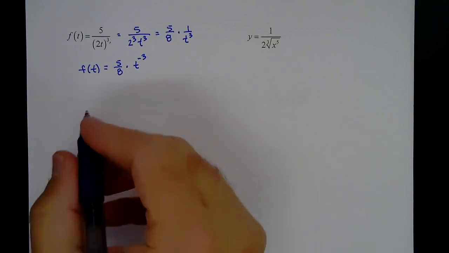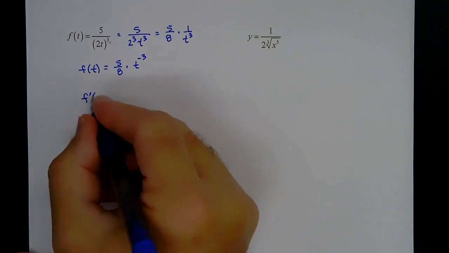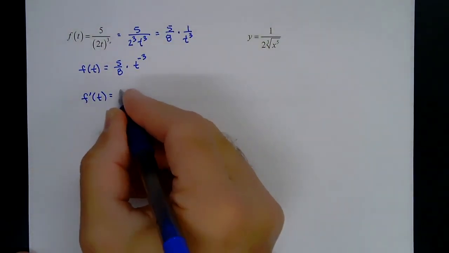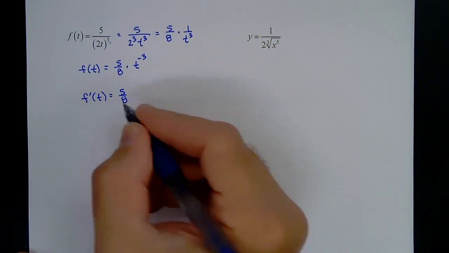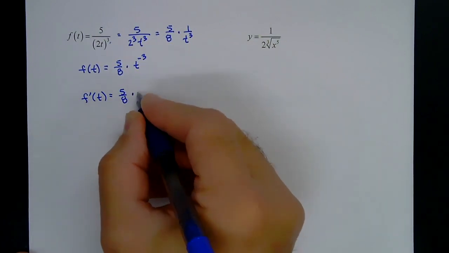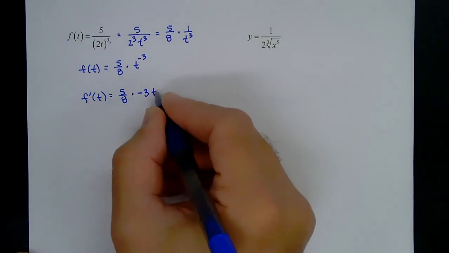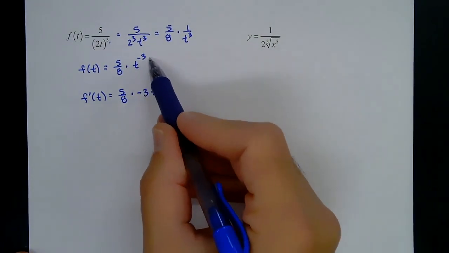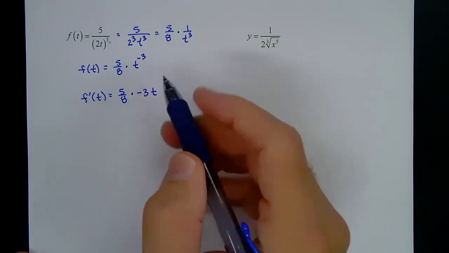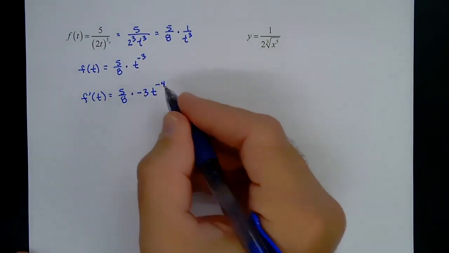All right? So f prime of t becomes 5/8, because that's my constant, times negative 3t raised to the, and then what we're going to have to do is just take 1 away from this, so it becomes negative 4.